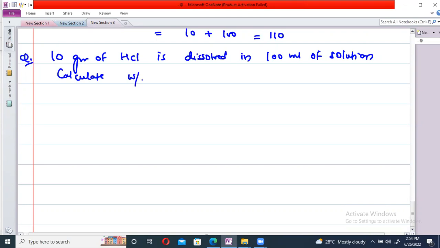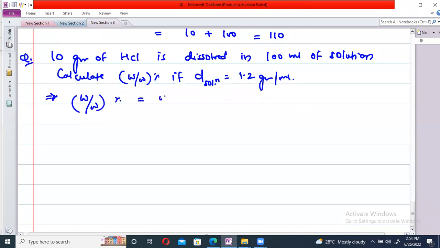Calculate W by W percentage if density of solution is 1.2 gram per ml.